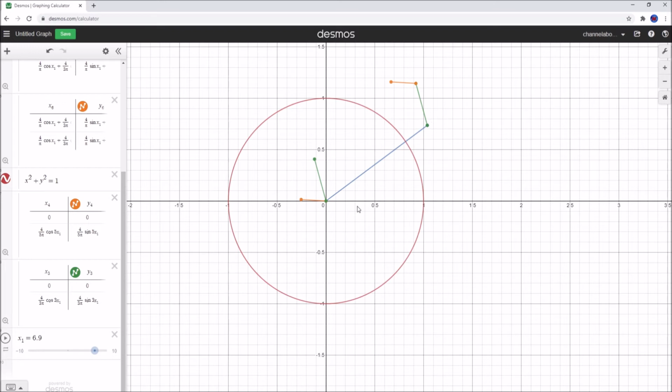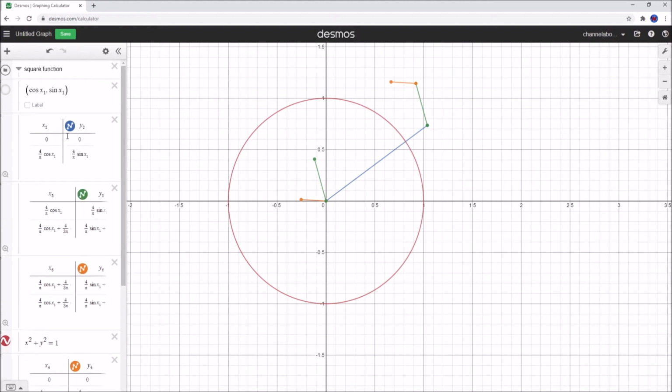plus the y squared distance of this point. Now we know the x distance and the y distance of this point because it's simply going to be our distance here, which is given by our 4 upon pi cos x1 and 4 upon pi sin x1.